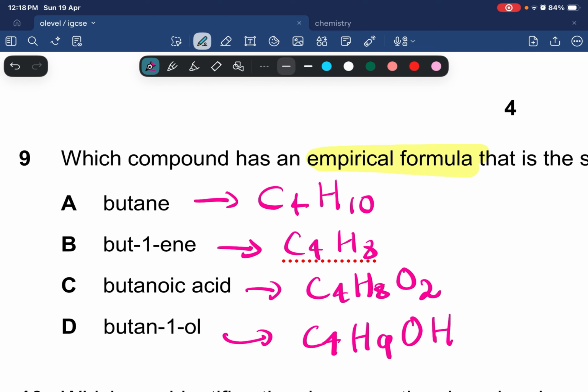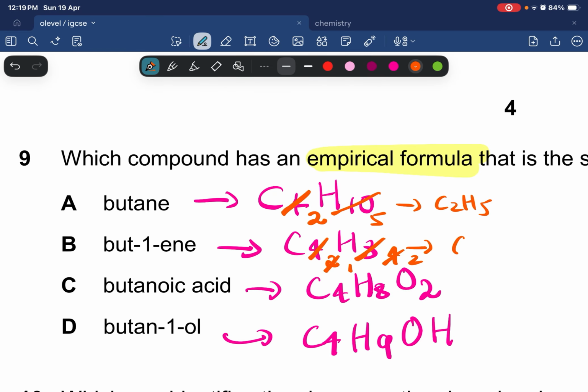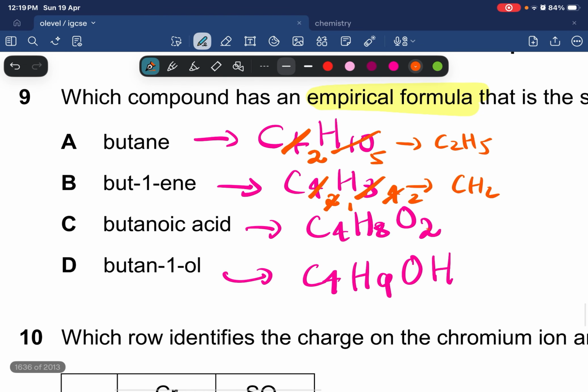Now make the empirical formula for each one of them. C4H10: 2 times, 5 times, so this becomes C2H5. Then 2 times, 4 times, so this becomes CH2. For butanoic acid: 2 times 1, 2 times 4, 2 times 2, so this becomes C2H4O.